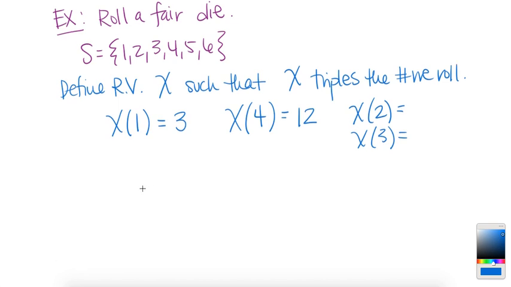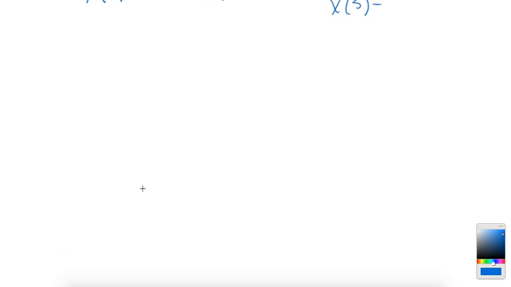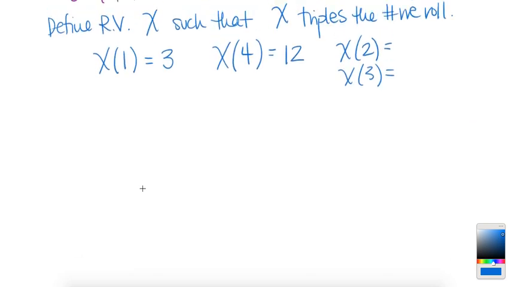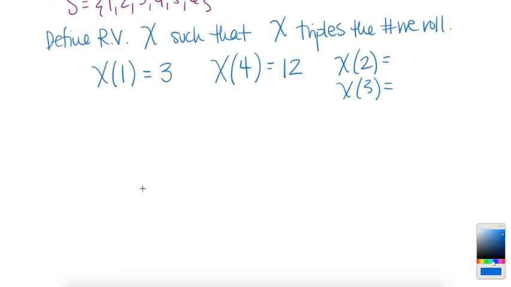Okay, and let's go ahead and do that on this next example here. We'll leave our random variable up here. All right, so probabilities and random variables.